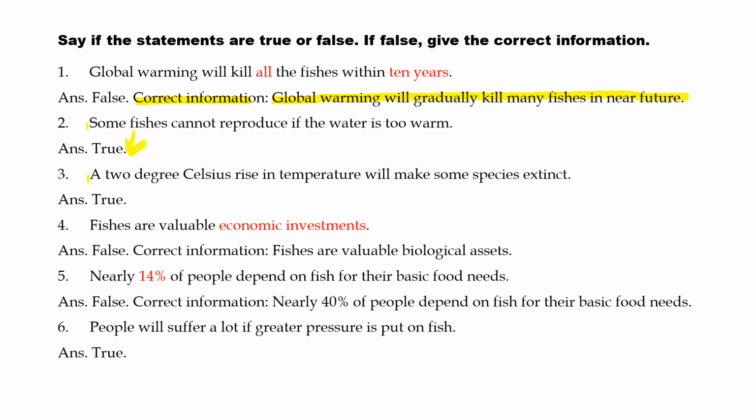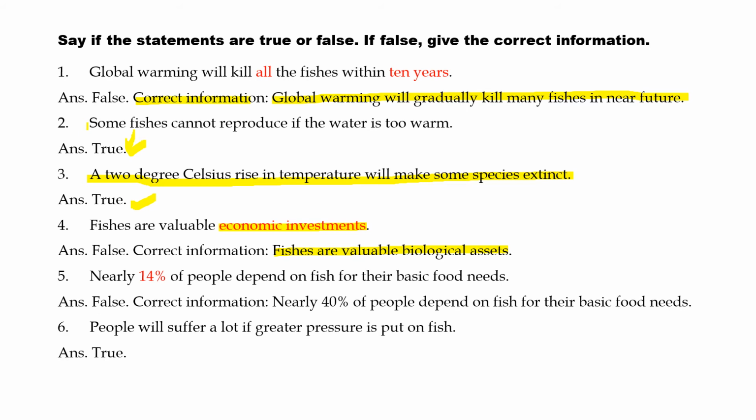A 2 degrees Celsius rise in temperature will make some species extinct. This is also true. 4. Fishes are valuable economic investments. So, is it correct? Is it true? No. Fishes are our valuable biological assets, so the statement is false. The correct information is fishes are valuable biological assets.